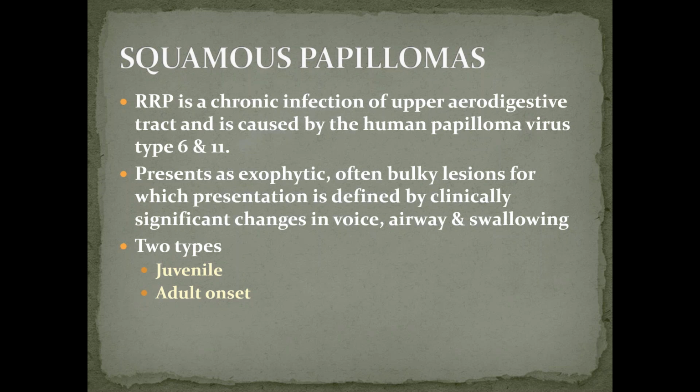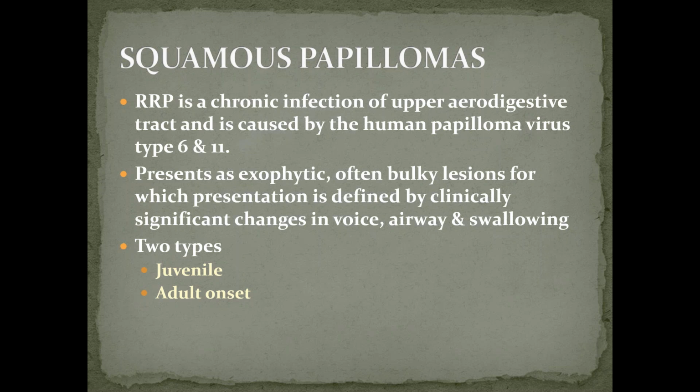In childhood, the most common etiology is human papilloma virus infection by types 6 and 11. We'll see multiple lesions in the juvenile onset or in childhood. In adult onset, usually we'll see a single papilloma.